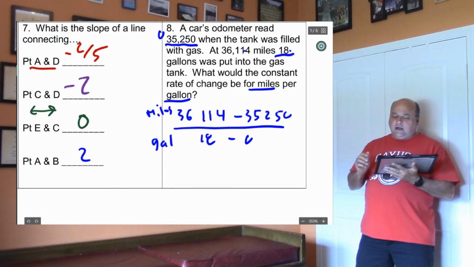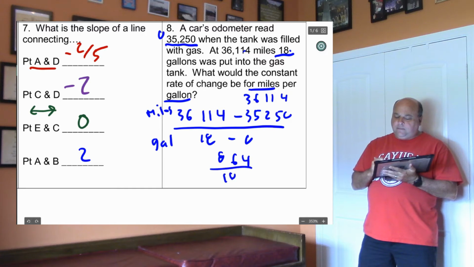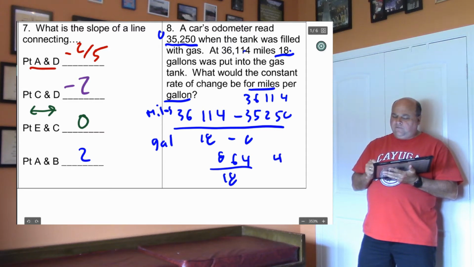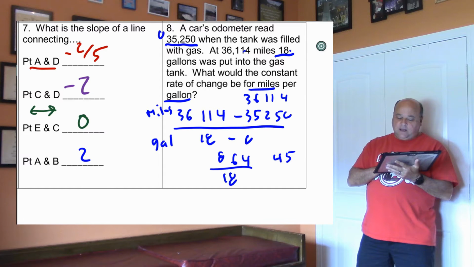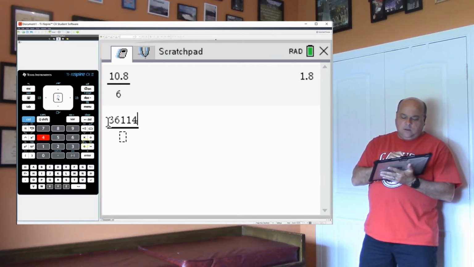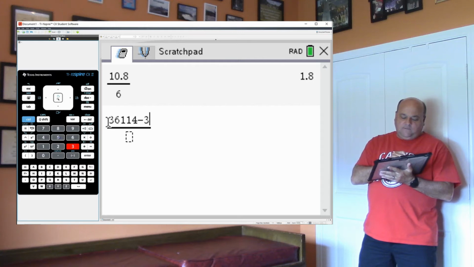Okay, so we're going to type this into the calculator, or I might be able to do this by hand. 864 divided by 18, that's 4, 72, 54, 45, I think it's 45. 36114 minus 35250, divided by 18.